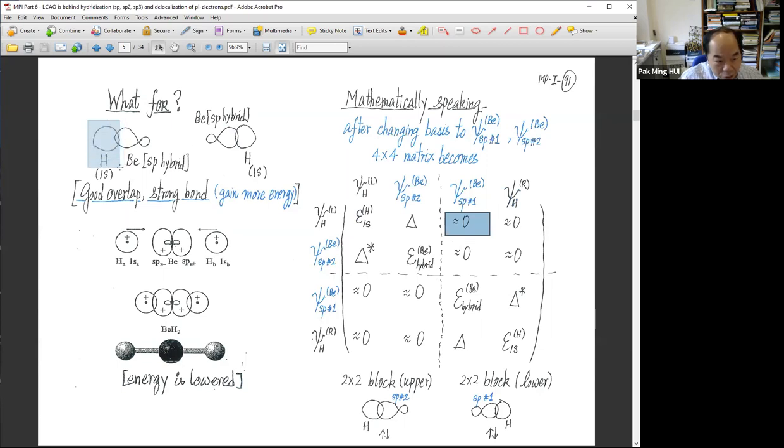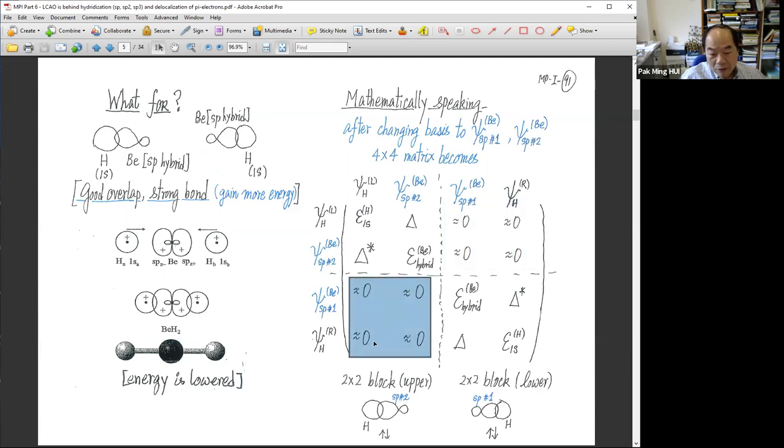Similarly, for this hydrogen, you have to go past the middle atom, and that may be 3 angstrom away, so the next hydrogen is too far. So it is approximately 0. All in all, I want to approximate this off-diagonal block to be 0.